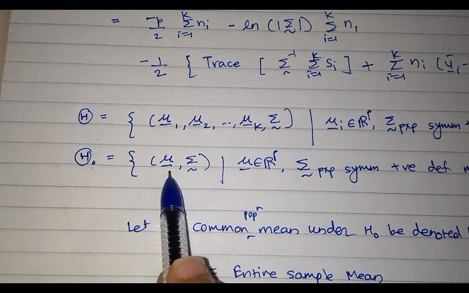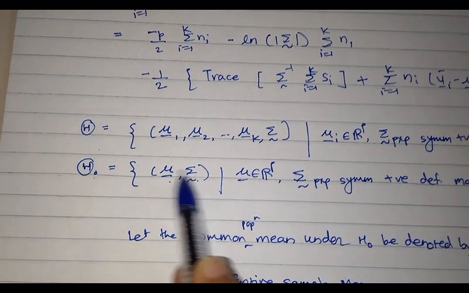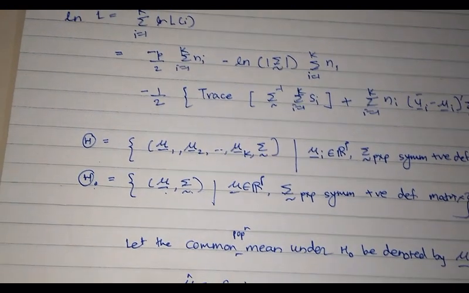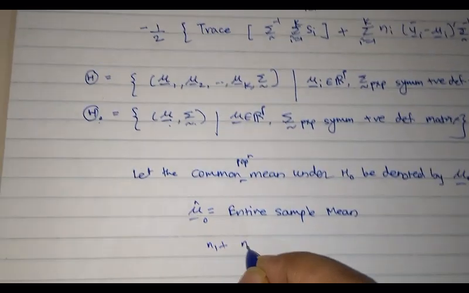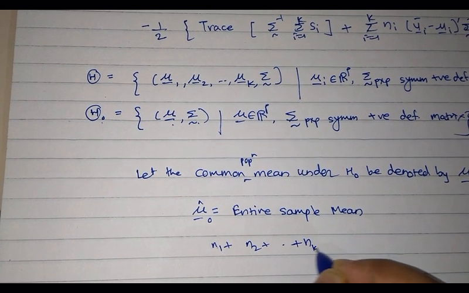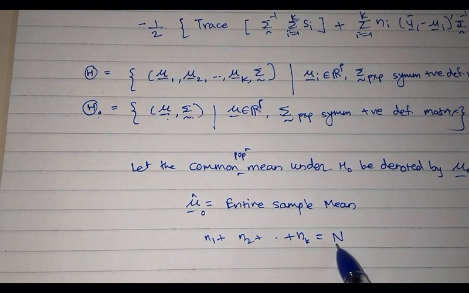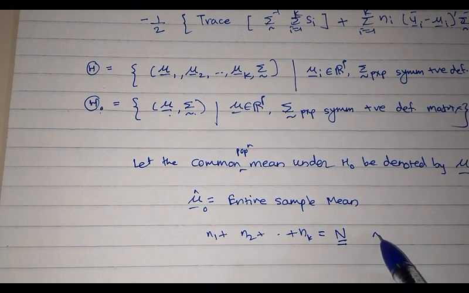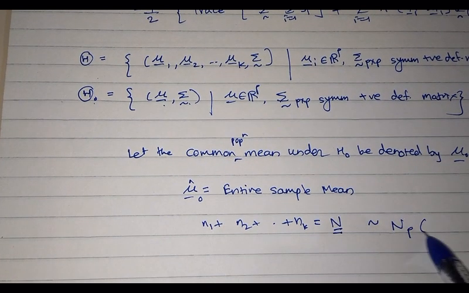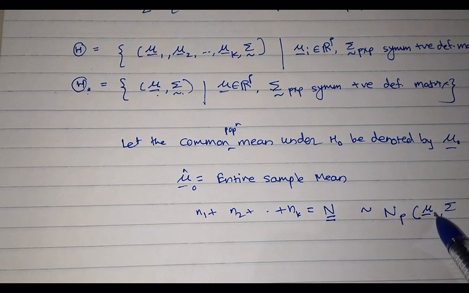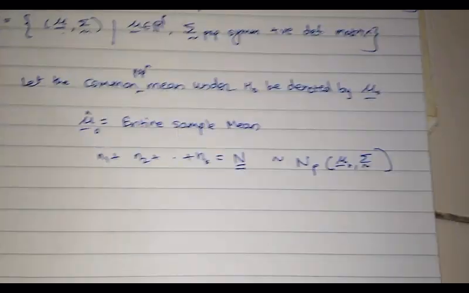Under H0 I have only one mu and one sigma. If I denote n1 plus n2 plus up to nk by capital N, then under H0 I am saying that all these N observations are coming from a p variate normal with common mean mu naught and common covariance matrix sigma.